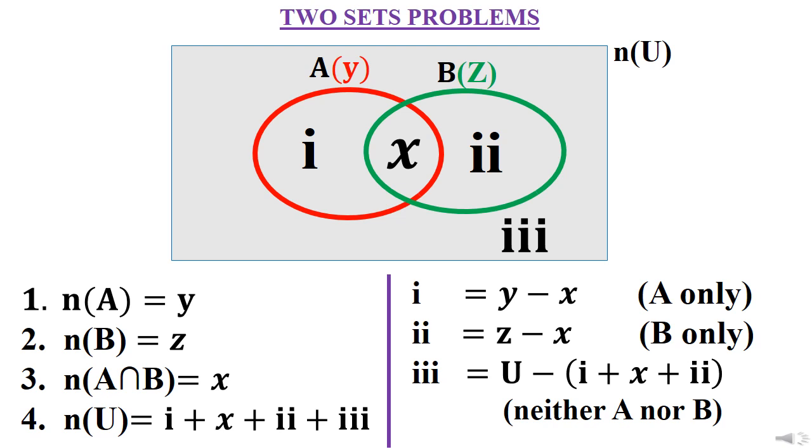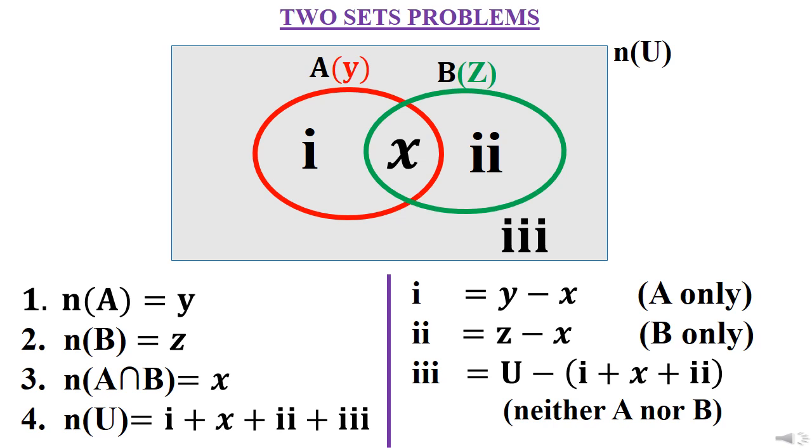Now let's come to II. So number of A intersection B is equal to X, and this is the number of members that belong to both of the two sets. And this is the portion that you always represent first whenever we are drawing a Venn diagram for two set problems.